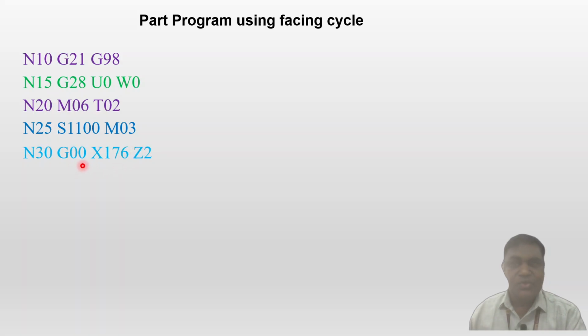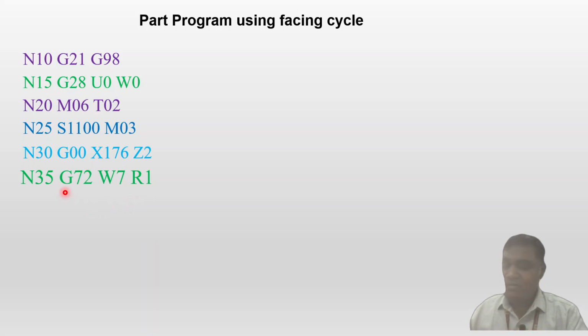G00 indicates rapid movement. Because the tool is at the reference point, we bring the tool to the tool entry point, here X176 and Z2, just 2 away from the workpiece. For safety, we move the tool away from the workpiece.